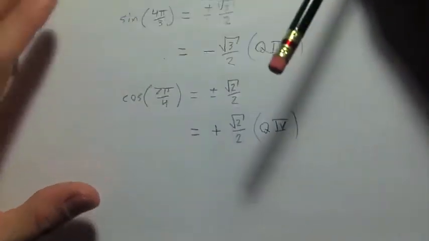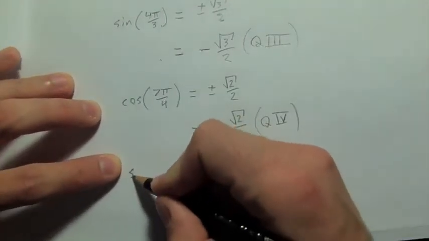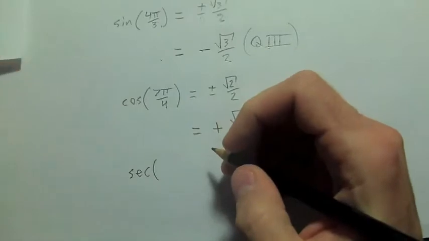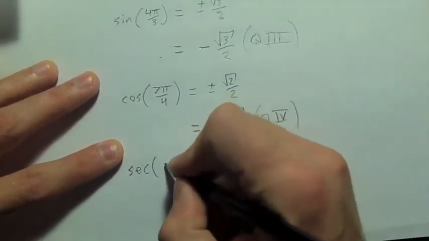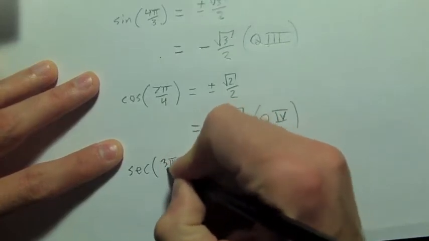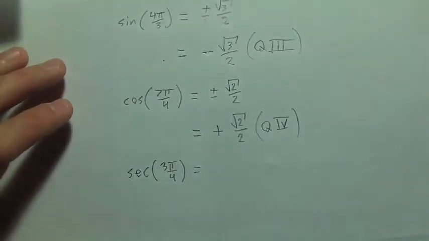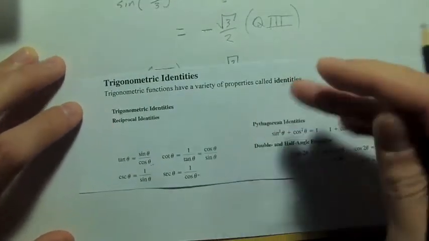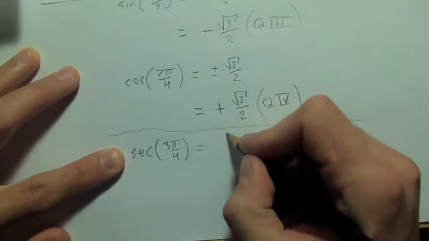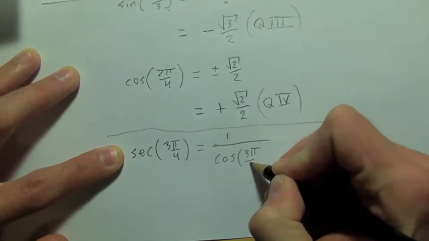find a value of another trig function, let's say secant of, I don't know, let's say 3 pi over 4, well, the first thing I would do is use this identity that tells me that secant is actually 1 over cosine of 3 pi over 4.